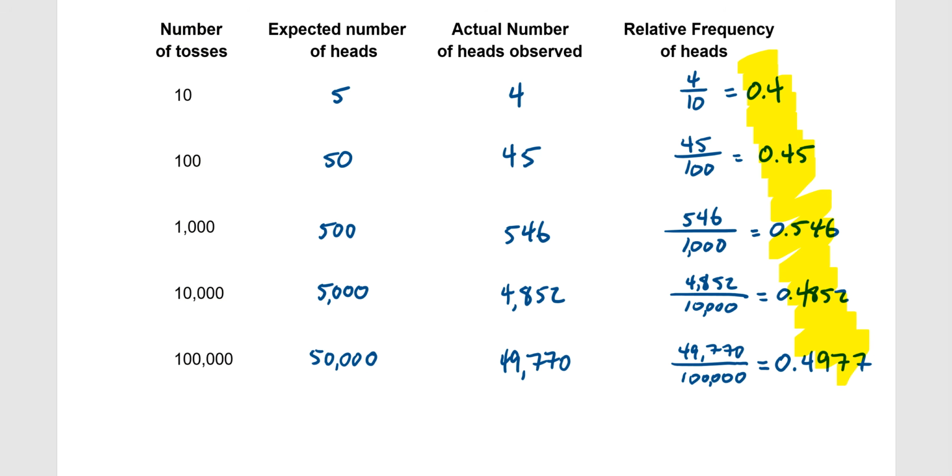You can see the more times that we flipped it, the relative frequency is getting closer and closer to 0.5, which would be our 50% or our 1/2.